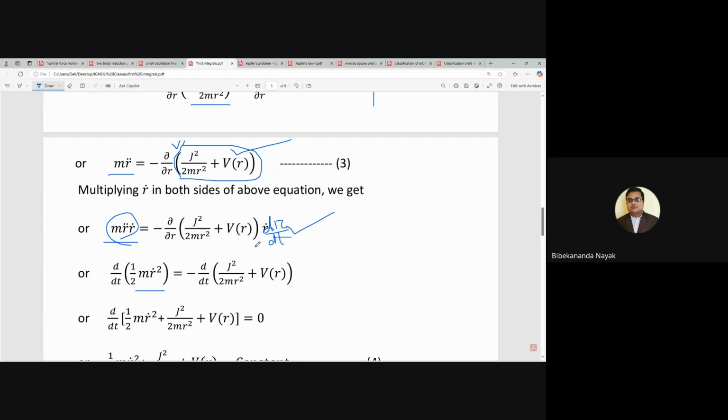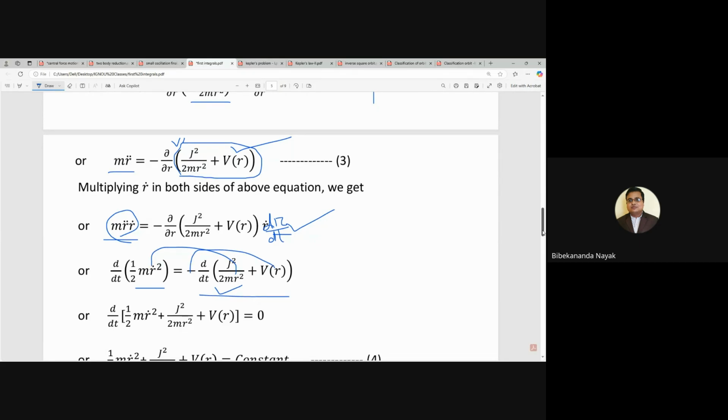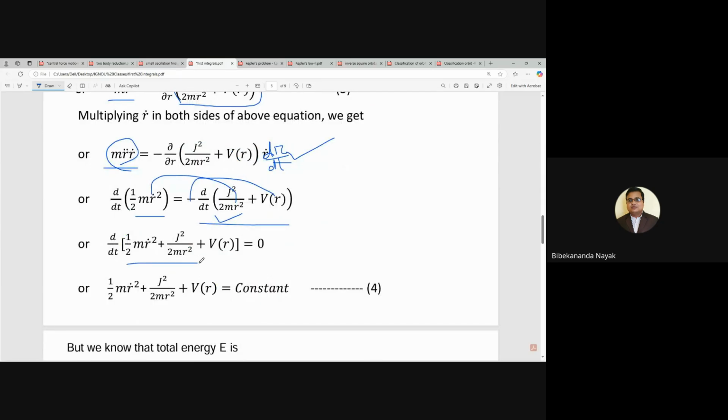Okay. This is the thing. If you use the chain rule, I can write minus del by del r and dr by dt. With reverse chain rule, I can write this. So now on both sides d by dt. Taking it to one side, I can write d by dt of half m r dot square. This minus goes to plus, and the right hand side is equal to 0. So the derivative of a quantity is 0. But what is this quantity?